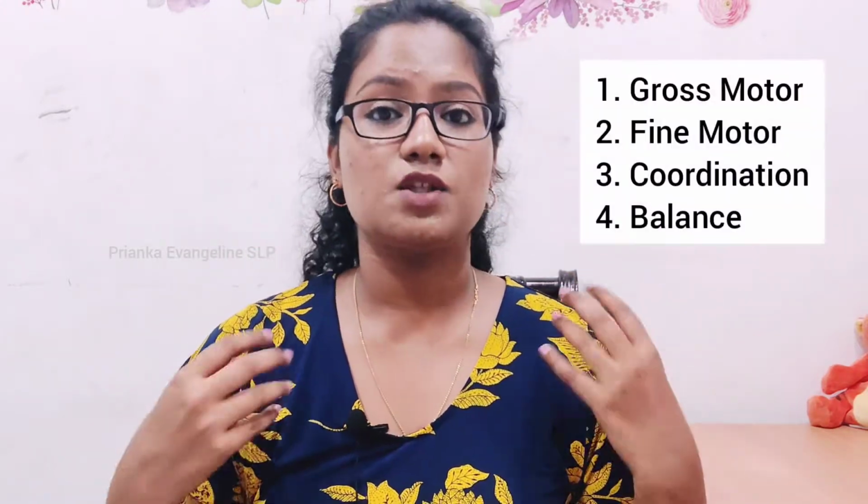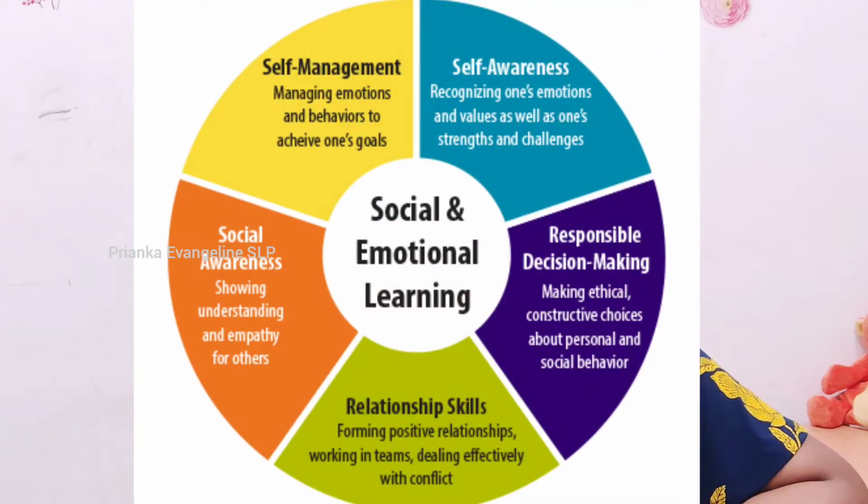The third skill is motor skill. Motor development, as you know, includes fine motor skills, gross motor skills, balance, as well as coordination. The fourth domain, which might be a little confusing for you, is social emotional skills. Social emotional skills refers to skills like self-awareness, emotion understanding, and relationship formation.